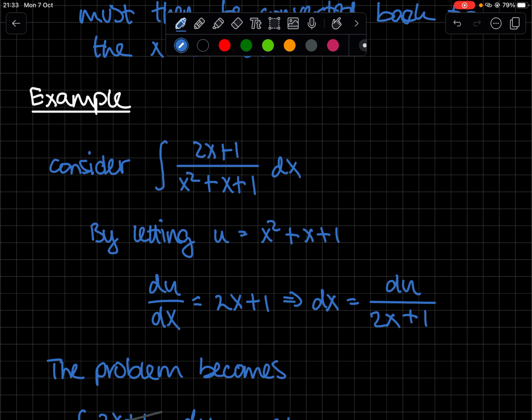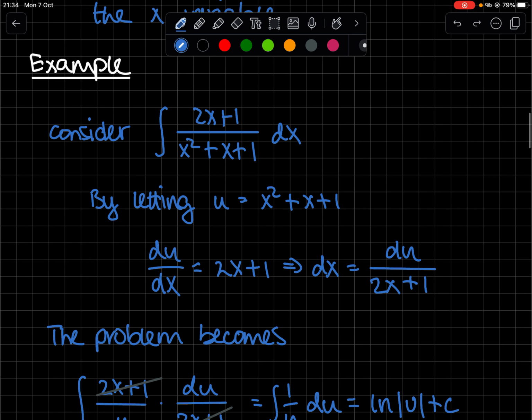So here we are going to let u equal x squared plus x plus 1. Remember, this is our choice. We have chosen u to be x squared plus x plus 1. You can choose u to be any function of x. But the reason why this is a good choice for u will become apparent later.